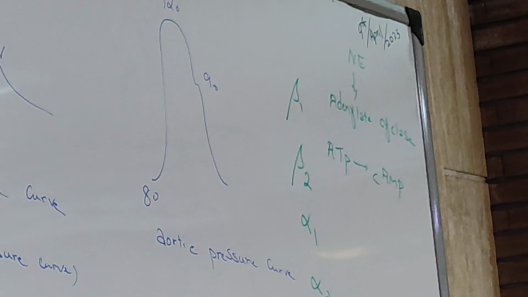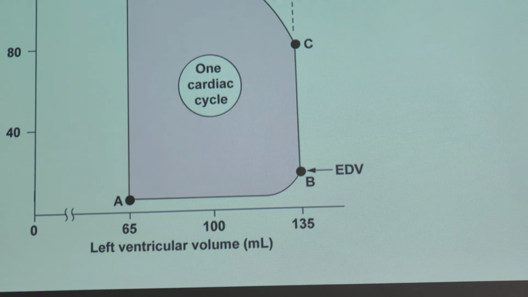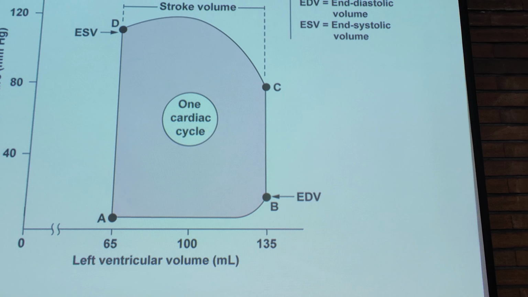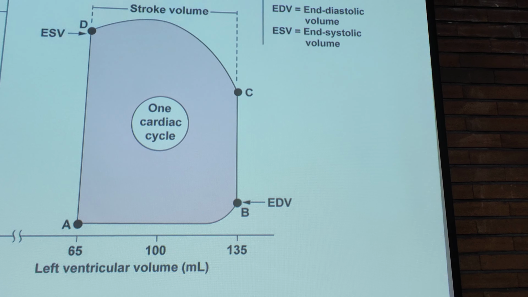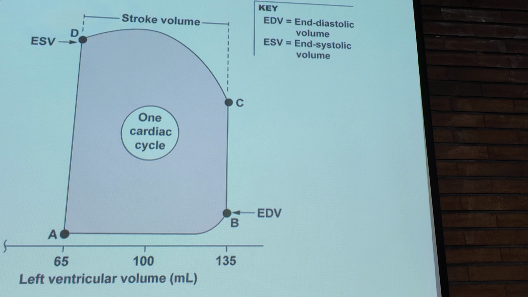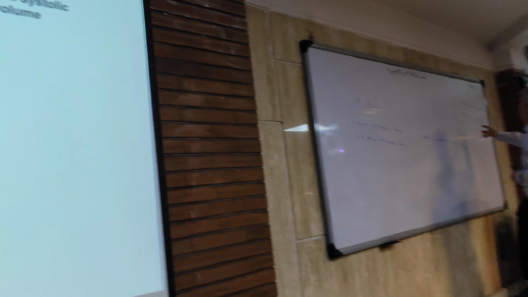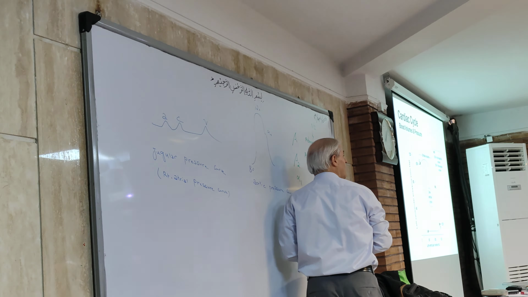When norepinephrine acts on this receptor beta-1, it can activate adenylate cyclase. There is an enzyme. When this enzyme activates, it can convert adenosine triphosphate into cyclic adenosine monophosphate.